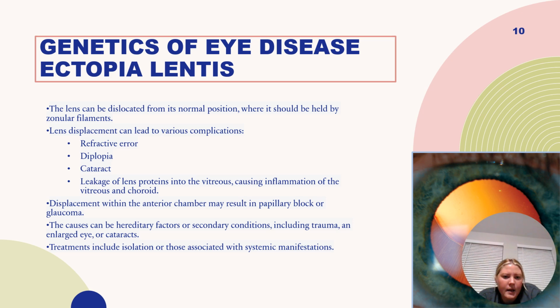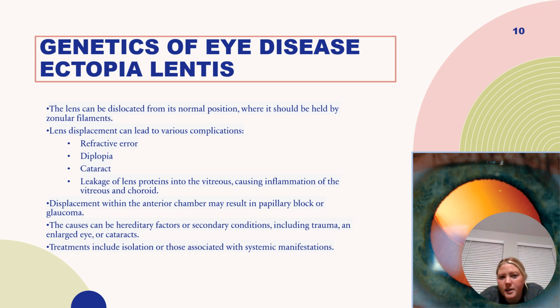So as I looked into different eye diseases or problems, I came across a book called The Genetics of Eye Diseases, and it helped to break down diseases such as ectopia lentis, which is the dislocation of the lens from its normal position. The lens displacement can be associated with various complications such as refractive error, diplopia, cataracts, leakage of lens proteins into the vitreous with consequent inflammation of the vitreous and the choroid.